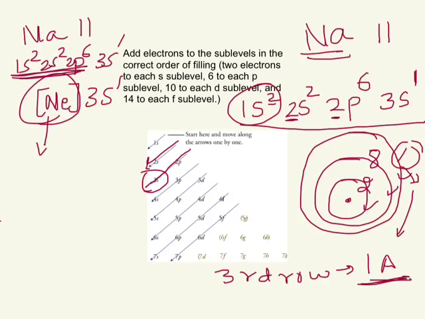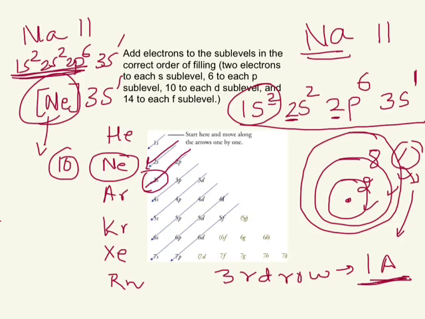The 8A group, all the noble gases are helium, neon, argon, krypton, xenon, and radon. Now neon has 10 electrons. Its atomic number is 10. So instead of writing the first 10 electrons, we are writing neon.